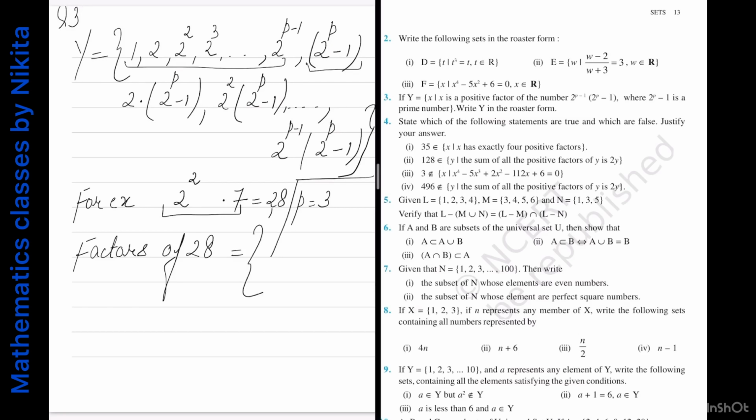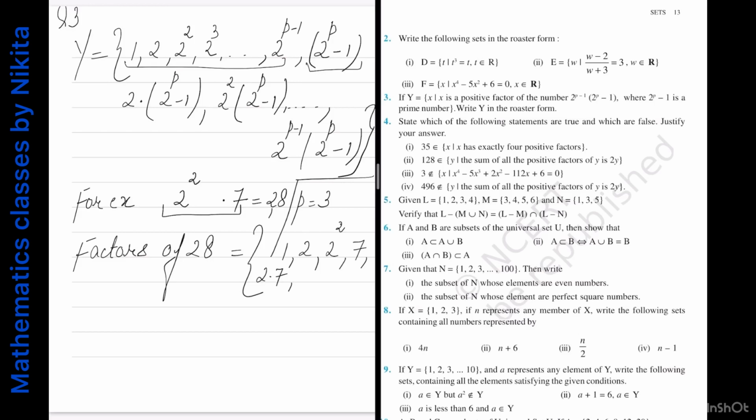I know that 1 divides 28, 2 divides 28, and then 2 square divides 28 because 2 square is 4, so 4 divides 28 because 7 fours are 28. Now next the number 7 also divides 28, and next we have 2 into 7, which is 14.